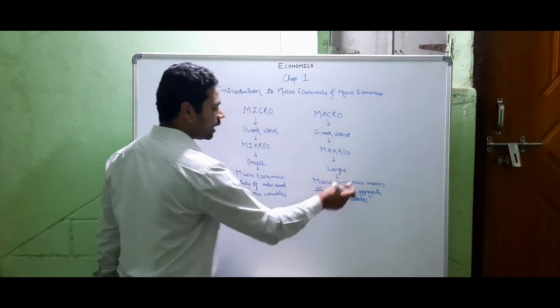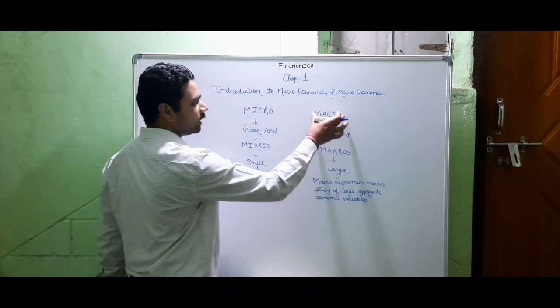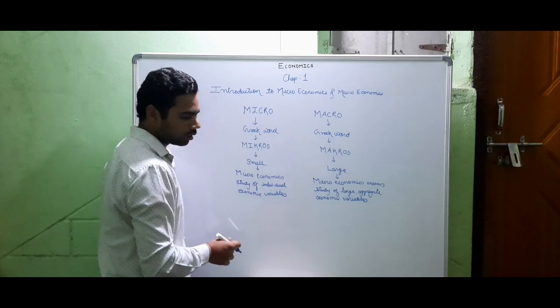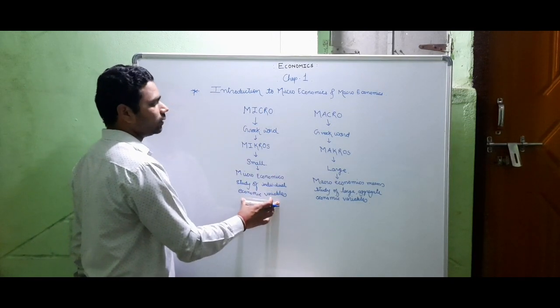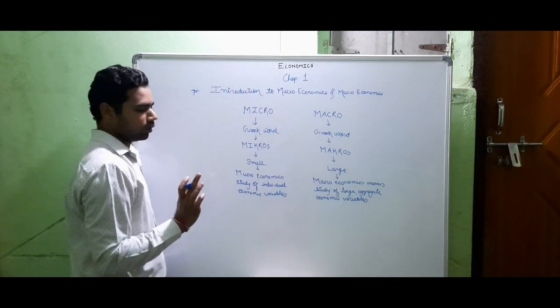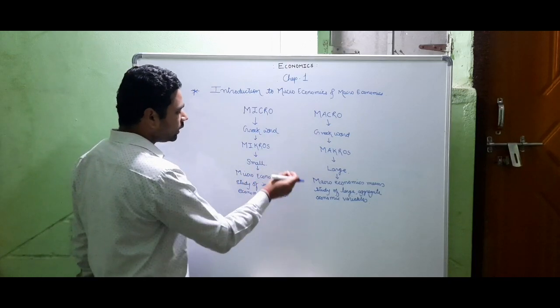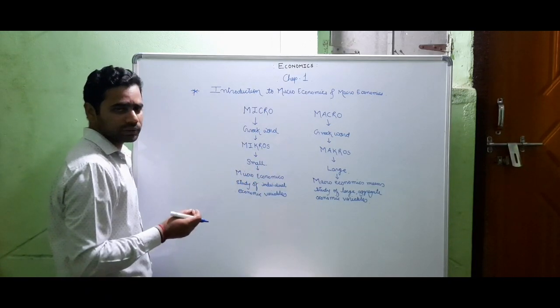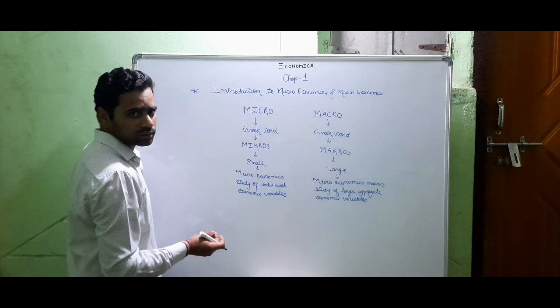Okay, so large aggregate economic variables are studied under the concept of macroeconomics, and small individual economic variables are studied under the concept of microeconomics. So what actually do small individual economic variables mean? What actually is the meaning of large aggregate economic variables?